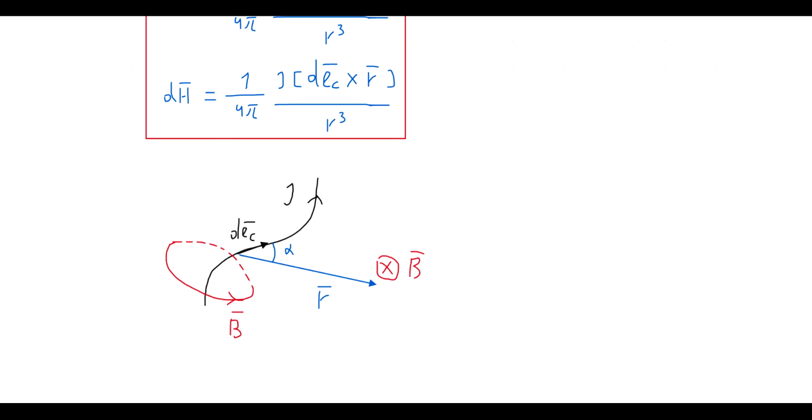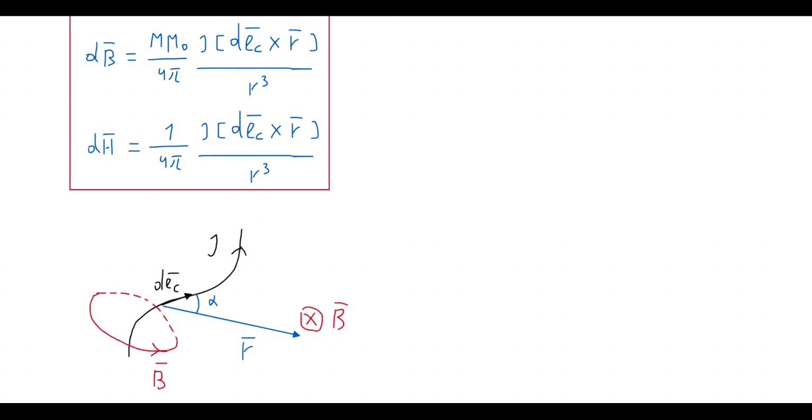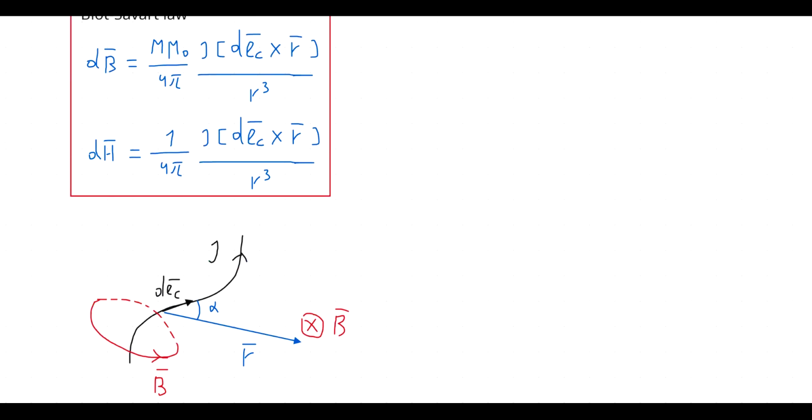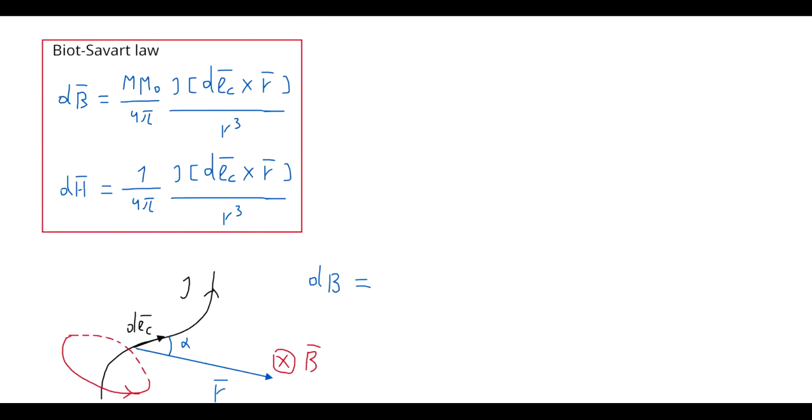Okay, and what can we say in this case? For the absolute value of magnetic induction we can write that dB is equal to mu 0 divided by 4 pi, electric current I, dLc divided by r to the power of 2, and sine alpha.